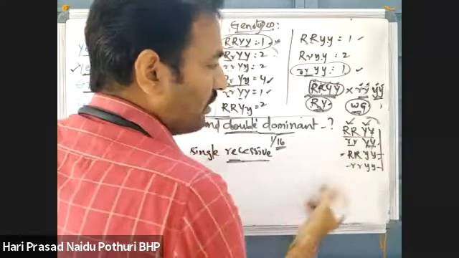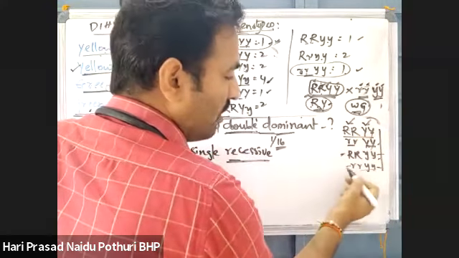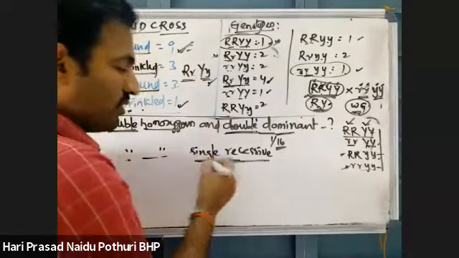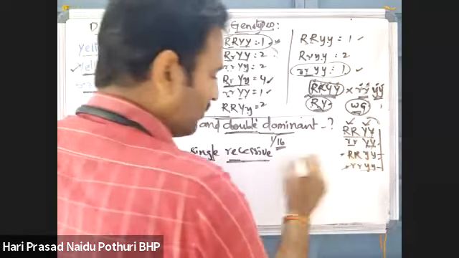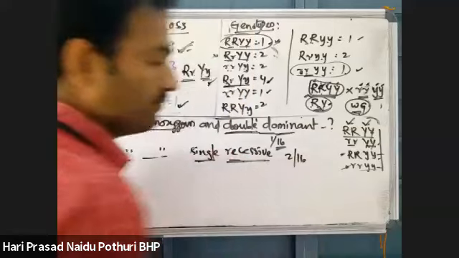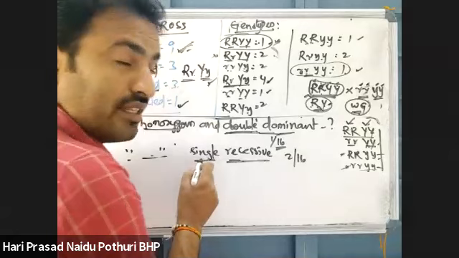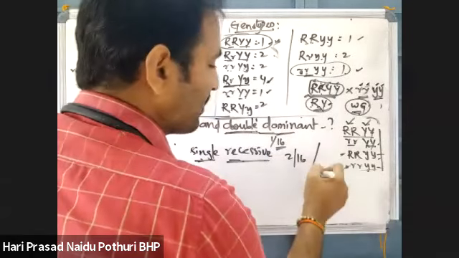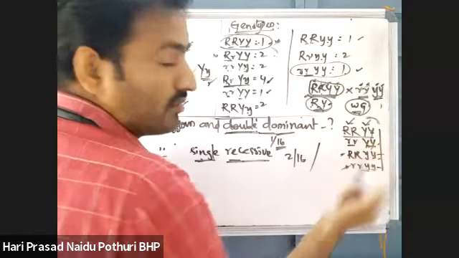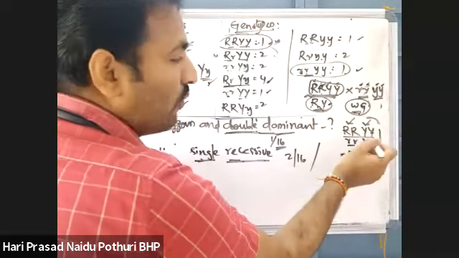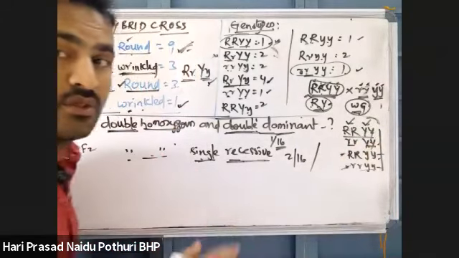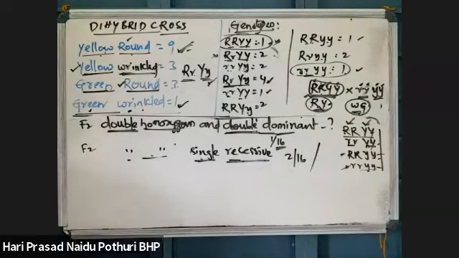Here both are dominant. Here both are recessive. Both are recessive means question is single recessive. So we need to take 2 by 16. Double homozygous and single dominant also 2 by 16 will come. Single dominant. This one is dominant means another one is recessive. Single dominant is equal to single recessive. Okay.